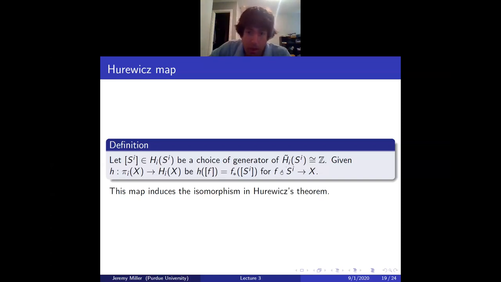So, I have a map from an i-sphere into X, and that's what an element of the homotopy group is, a homotopy class of maps from an i-sphere into X. How do I get a homology class? Well, I just look at the induced map on homology and plug in the generator of the homology of the sphere.